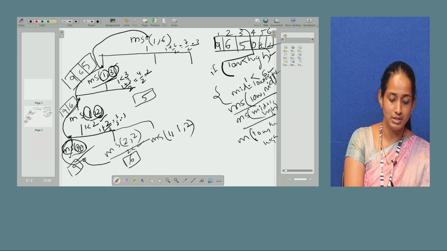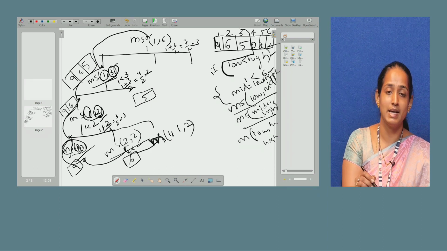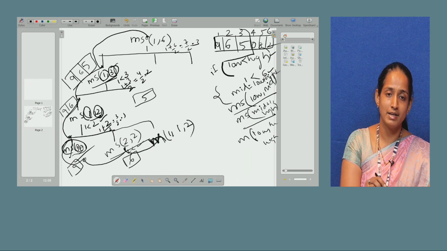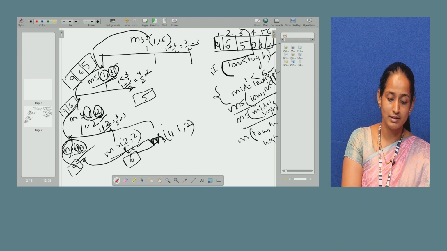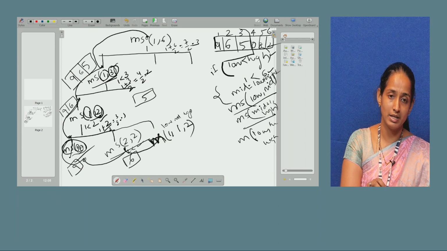Once we come here, we apply the merge procedure, let me denote it as M. The merge procedure has 2 elements, 9 and 6. I take this as the low value, this as the mid value and this as the high value. So what does this merge algorithm do?